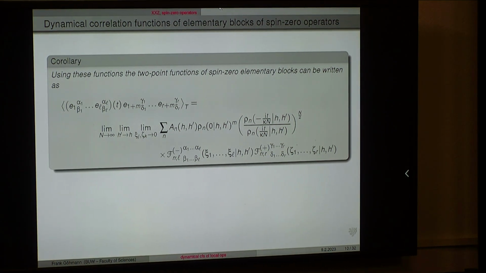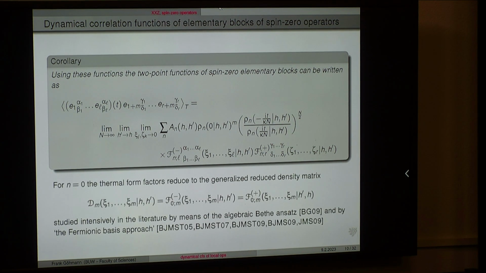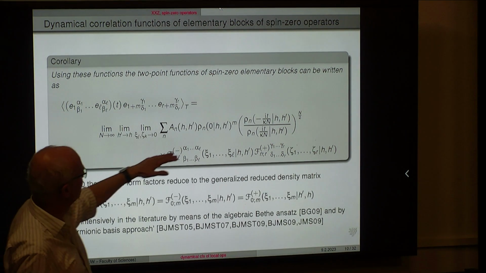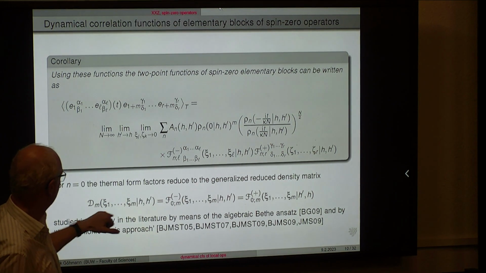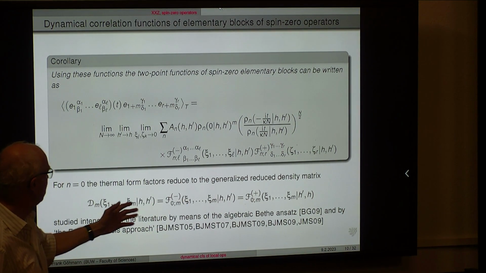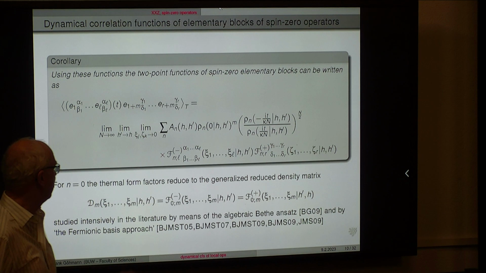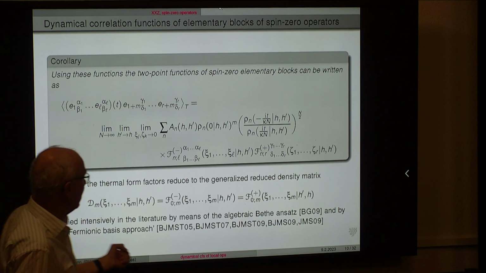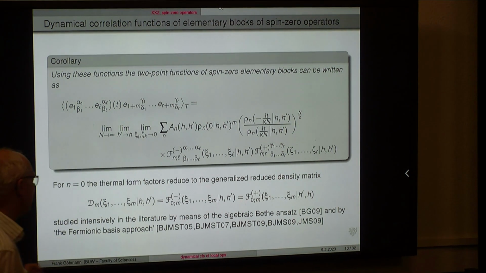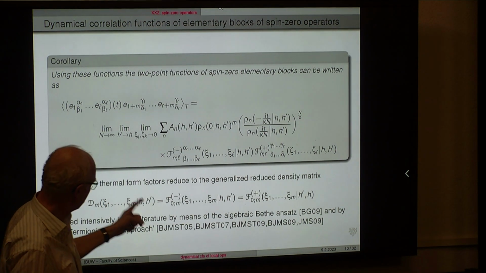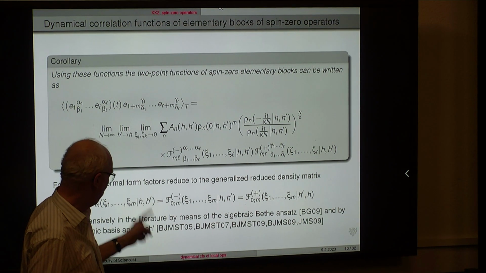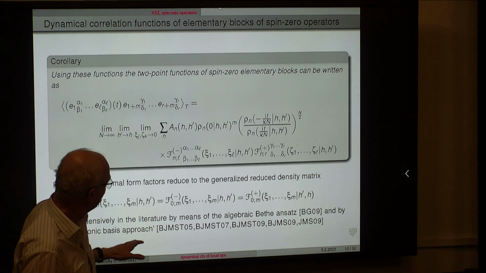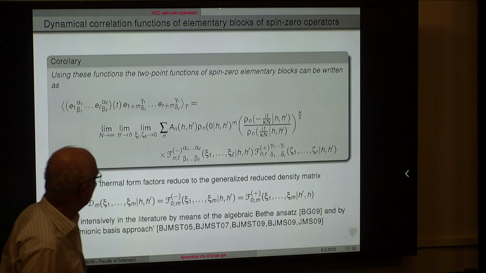generally not easily calculated. Remark: when n is equal to 0, now these objects turn into this reduced density matrix with different magnetic fields, and this was a very important object studied intensively in the literature by means of the algebraic Bethe Ansatz and especially by means of the fermionic basis approach. The protagonists here are Jimbo, Miwa, Smirnov, and Takeyama, and there was a series of papers.